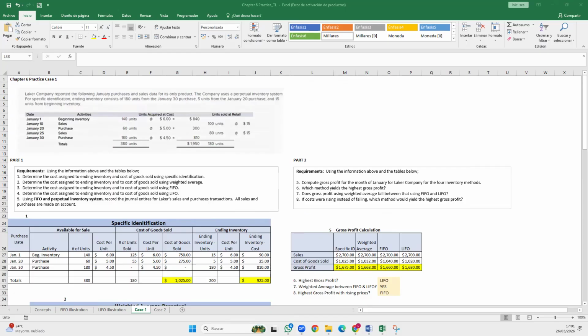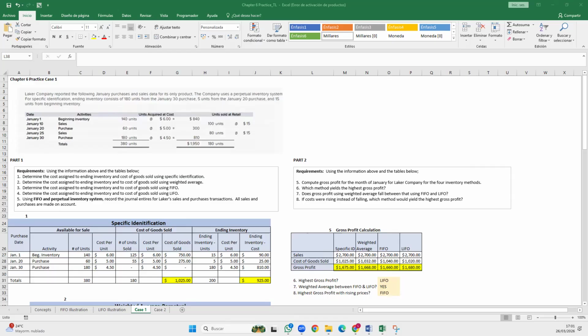The cost per unit is calculated in the weighted average, LIFO and FIFO. The cost per unit is basically calculated depending on recent purchases or oldest purchases, right?